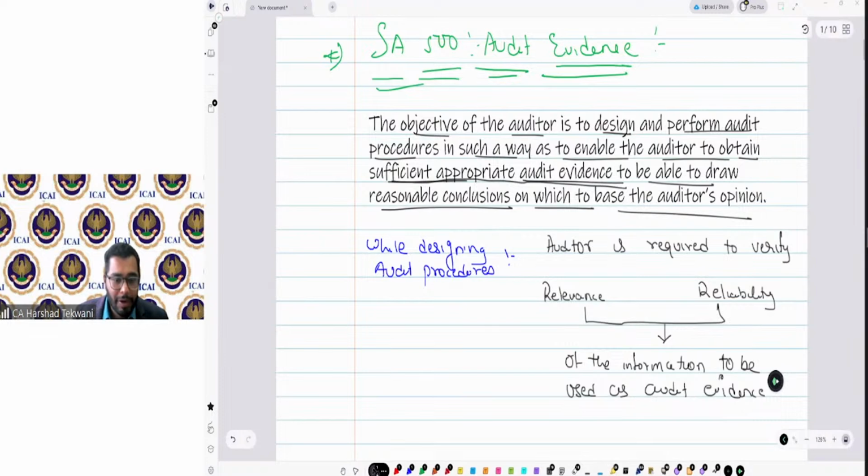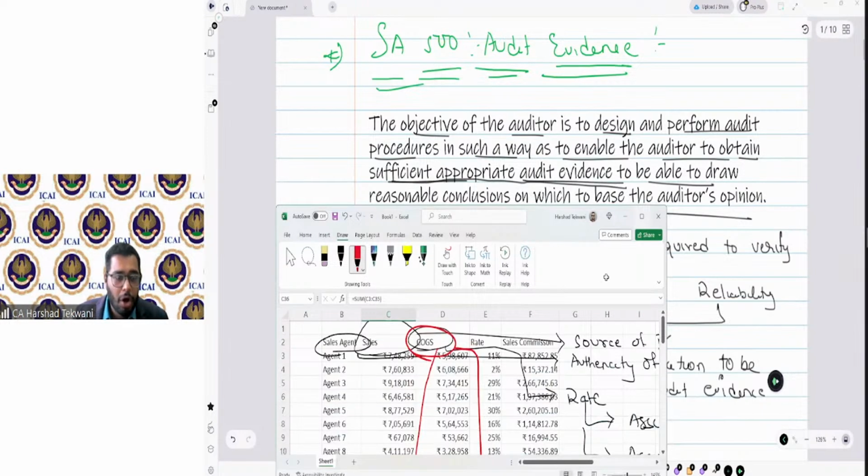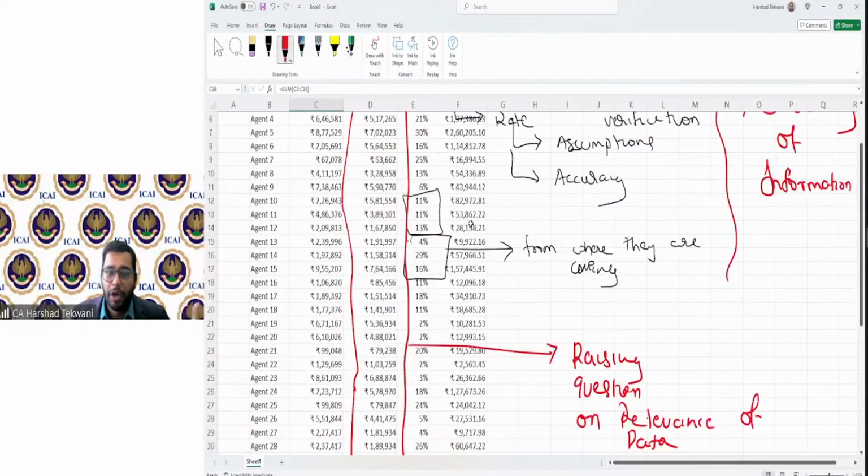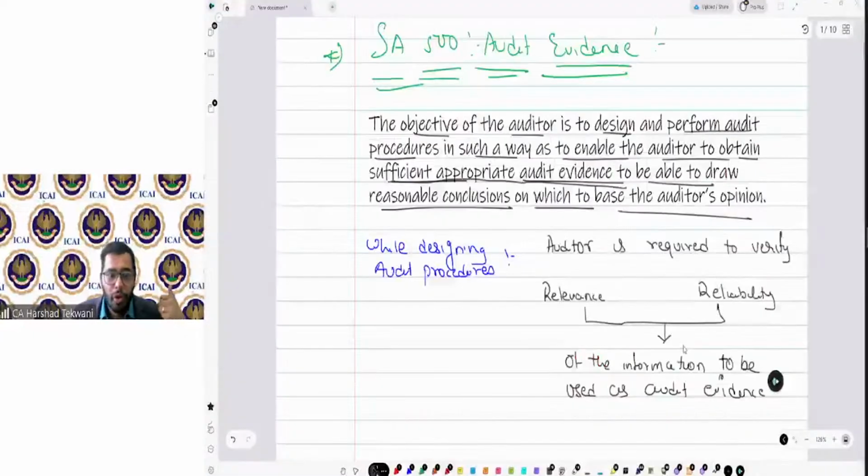When I talk about reliability, I was asking all the questions on source, authenticity, assumptions, accuracy, from where they are coming, rates and everything. But when I'm talking about COGS, I'm raising questions on the relevance of the data. So relevance and reliability are the two important pillars for the information that I'm going to use as audit evidence.